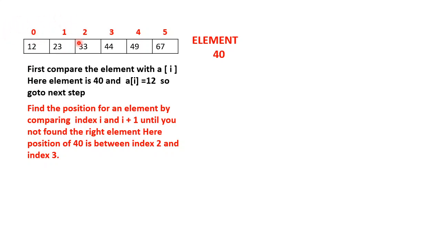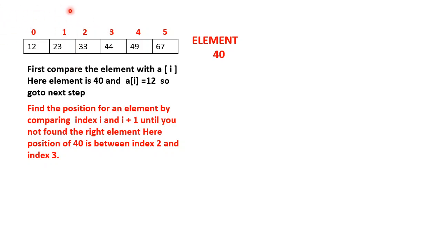First, I is 0 and I plus 1 is 1. So element 40 will be compared with both index 0 and index 1, with 12 and 23 both.